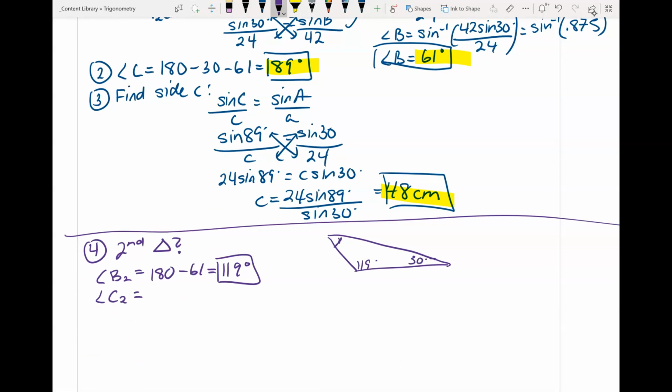So we're kind of looking for this angle to see if it's possible to even have that. And it should be, it's 180 minus 119 minus 30, which is 31 degrees. So that means it's possible to have a triangle because I can create the third angle, which is 31 degrees. So this was B2, C2, and angle A.